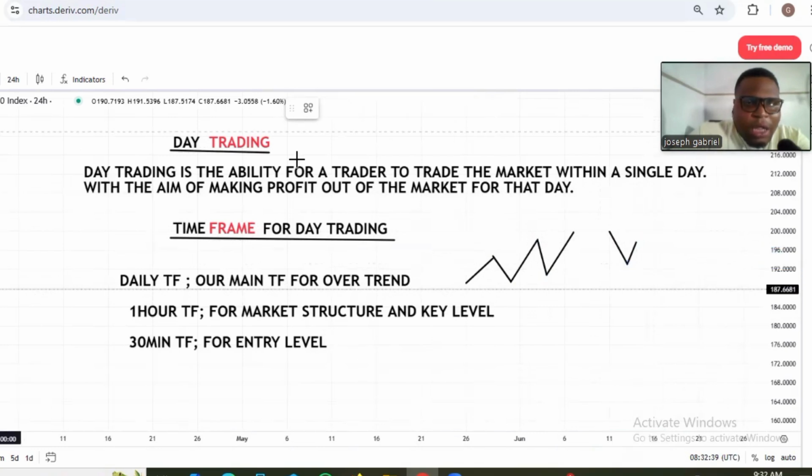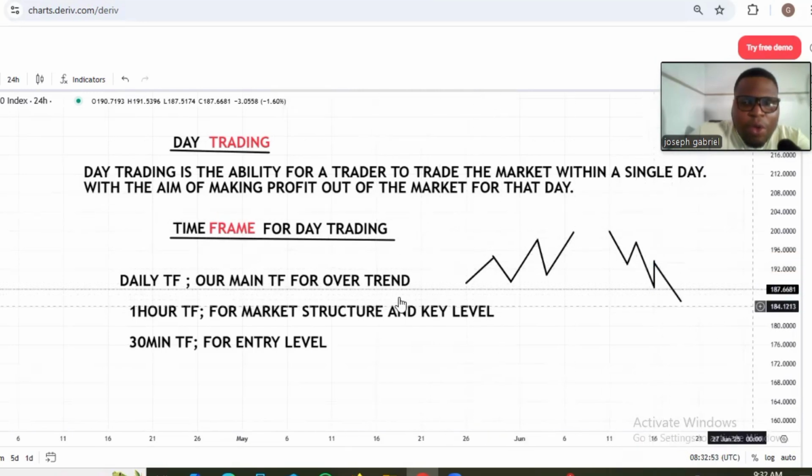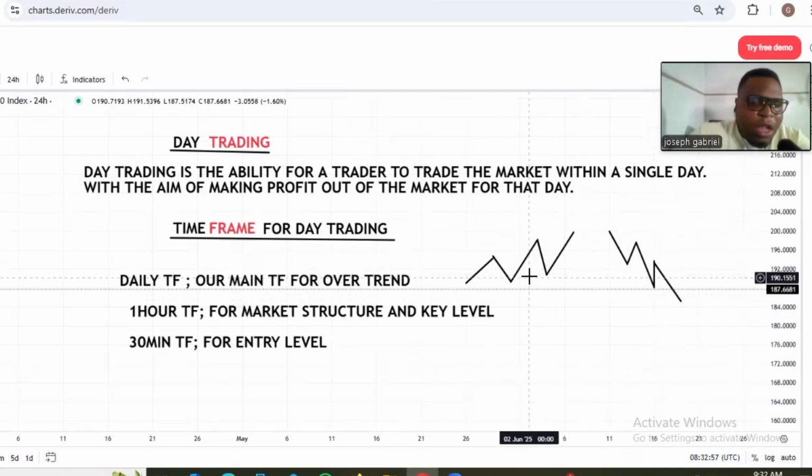On the daily chart, is it a bearish trend or a bullish trend? So these two things are what we need to reconsider. Is it a bullish trend that has been happening on that particular daily time frame, or a bearish trend?